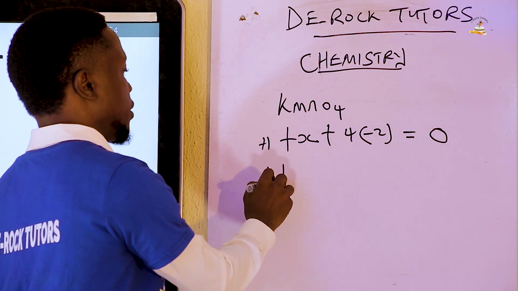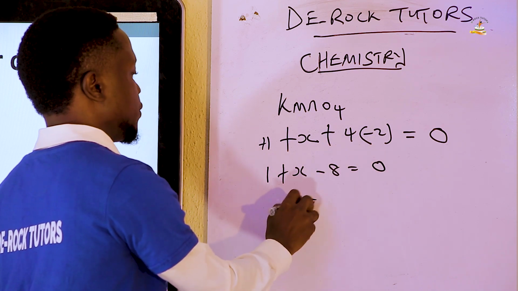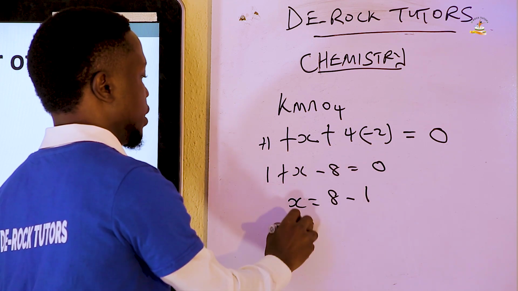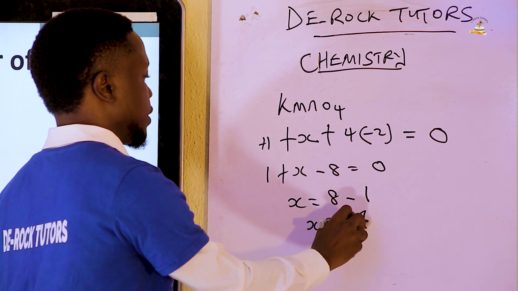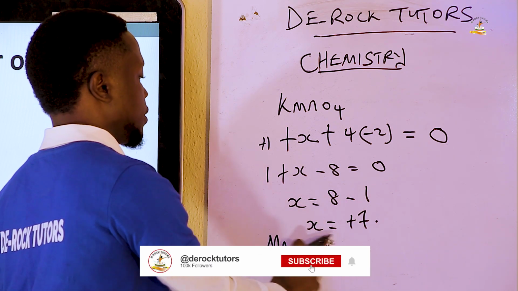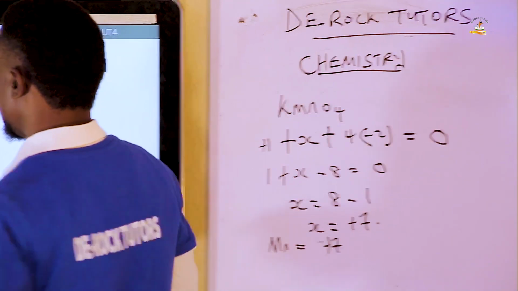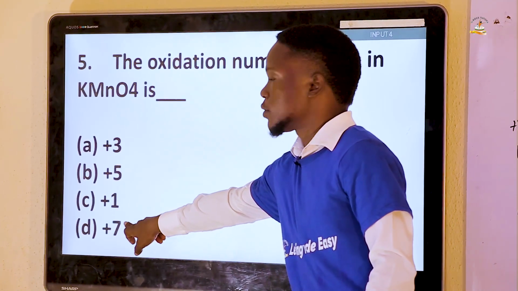So that gives us 1 plus X minus 8 equals to 0. So X will be 8 minus 1. X will be +7. So the oxidation number of manganese is what? +7. So the answer is +7, D.